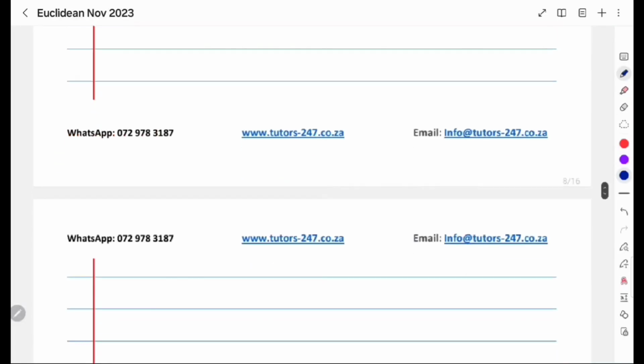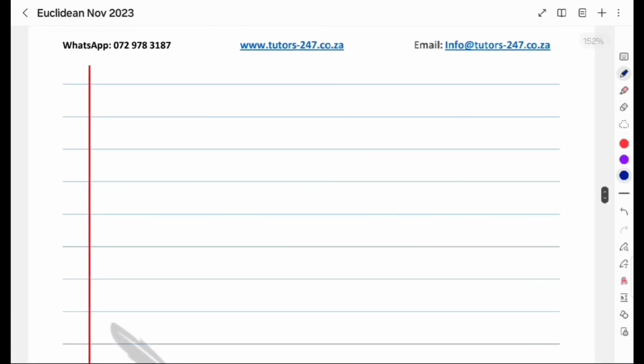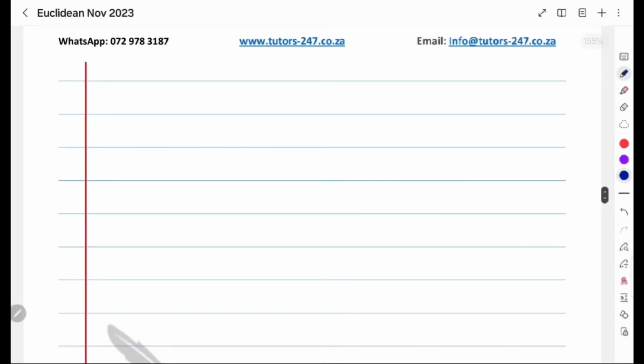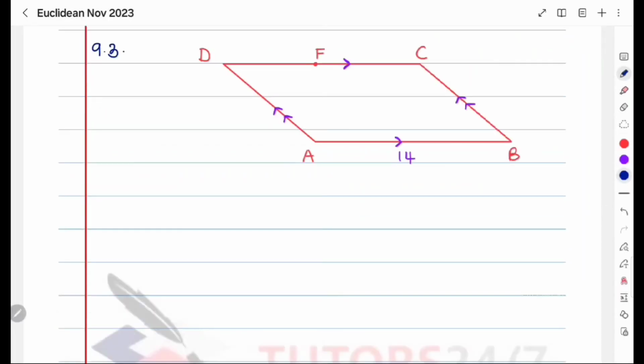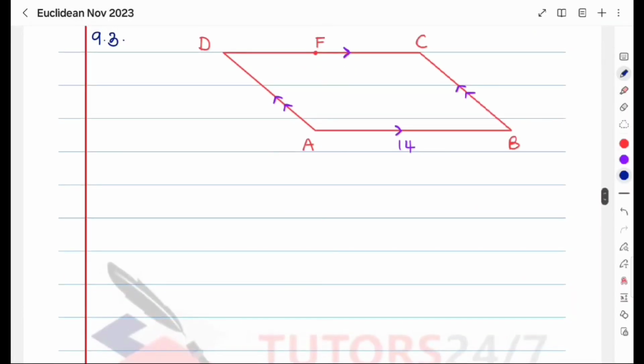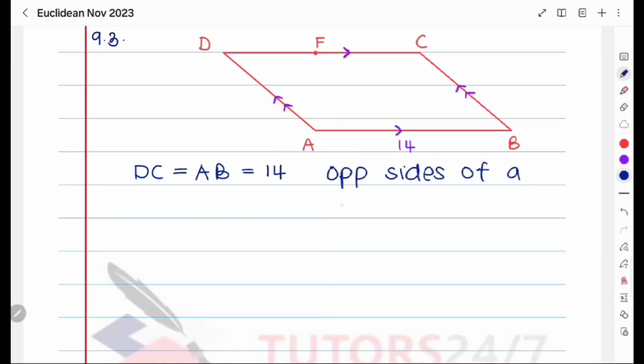So I'm going to recap what was mentioned one more time before we get started. We know that one of the properties of a parallelogram is that opposite sides are equal. So that means that DC is equal to AB is equal to 14. And that is because the opposite sides of a parallelogram are equal.